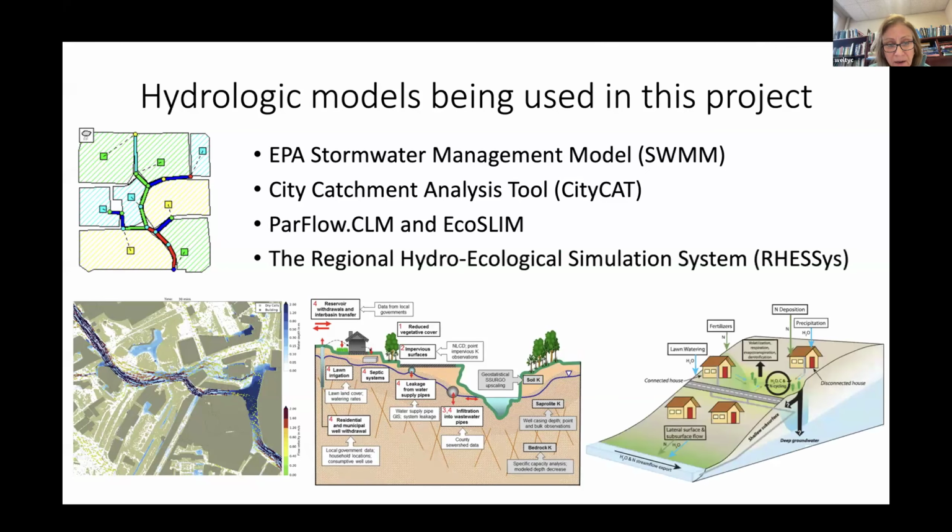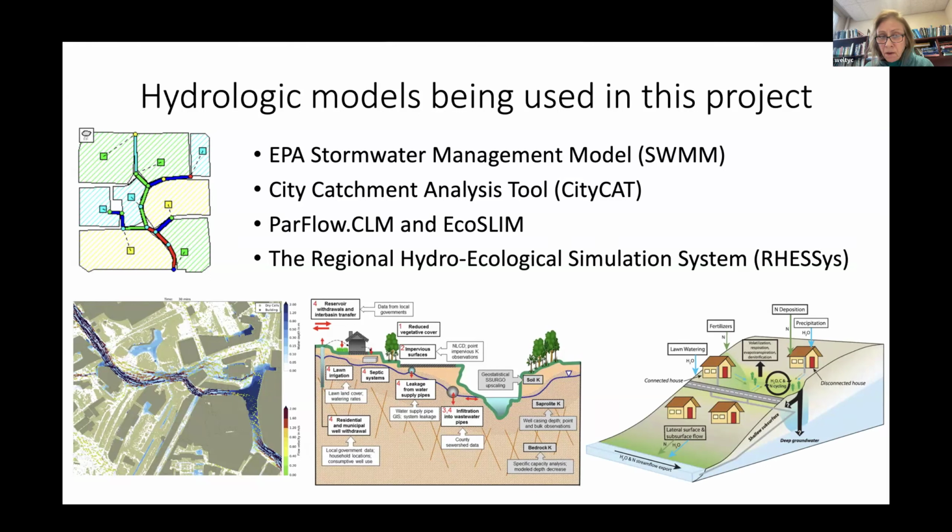And then finally, RHESSys is a Regional Hydro-Ecologic Simulation System model that looks at coupled water, carbon, and nutrient cycling. All these models can be applied at any scale. Sometimes there are practical limitations on the scale you can apply them to owing to memory effects and whatnot. They all have pluses and minuses, and they're all used for different purposes.